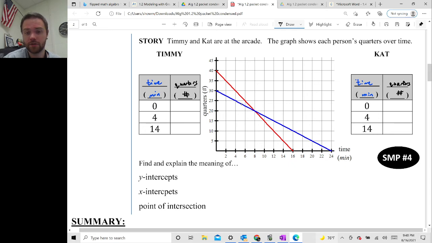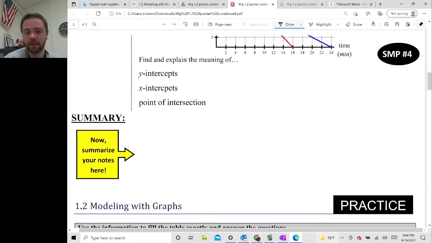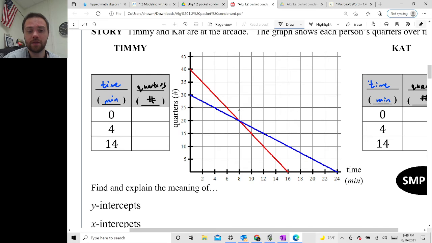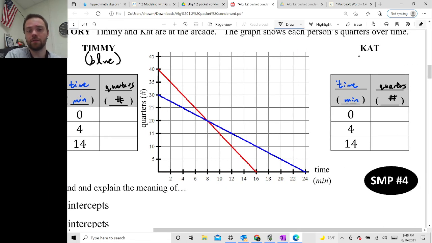And I don't think they've labeled either one. Maybe they labeled it in their notes. So I'm just going to say that Timmy is blue, so we're going to call this one blue. So maybe their graph is going to be different. And then Kat is red. I'm going to have Kat be the red line.